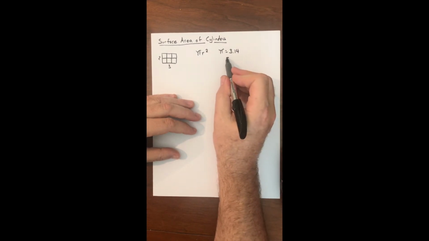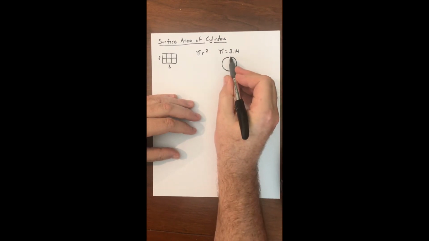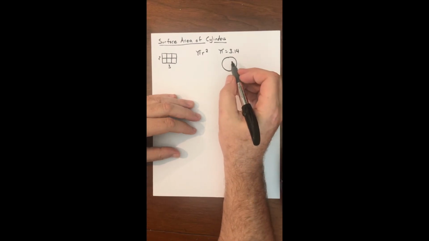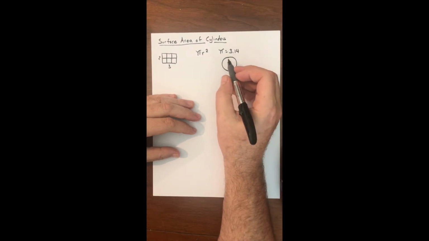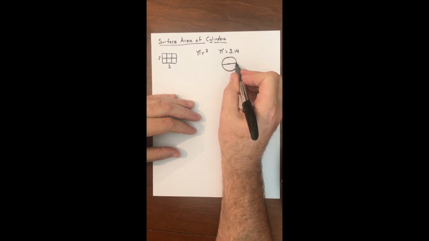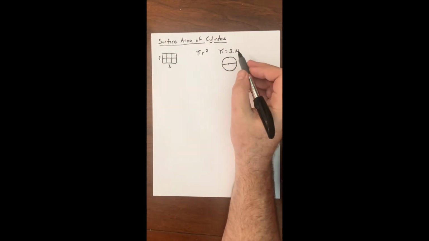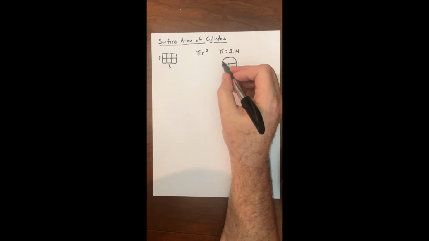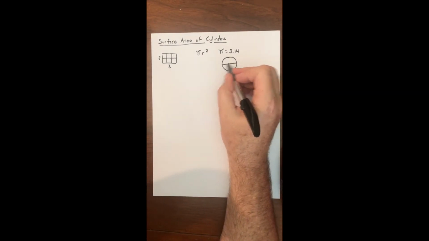If you forgot, the circumference of a circle and its diameter is what created pi. Pi is how many times the diameter, the distance across the circle, will go around the outside of the circle. It goes around 3 full times, and there's this little piece.